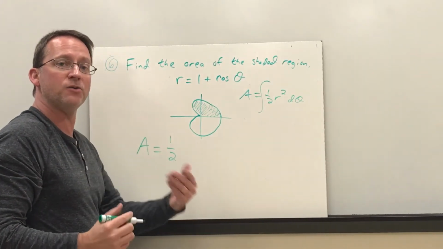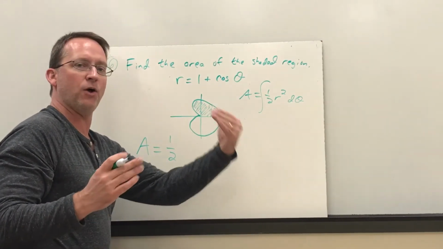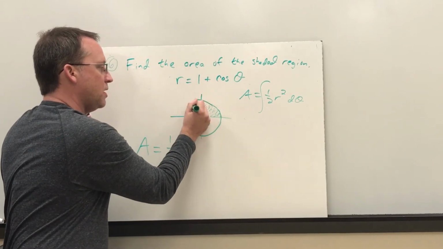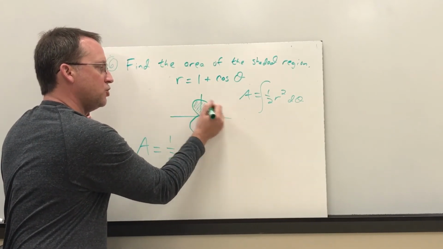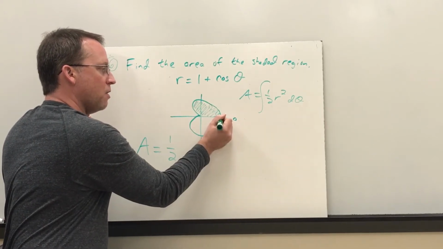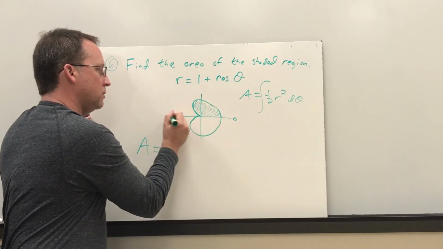First, we need our bounds, and remember your bounds are being in terms of theta. So look at what angles are being included as we go from here to here on the graph to enclose this shaded region. We start over here at the angle 0. And then we go all the way through to pi.